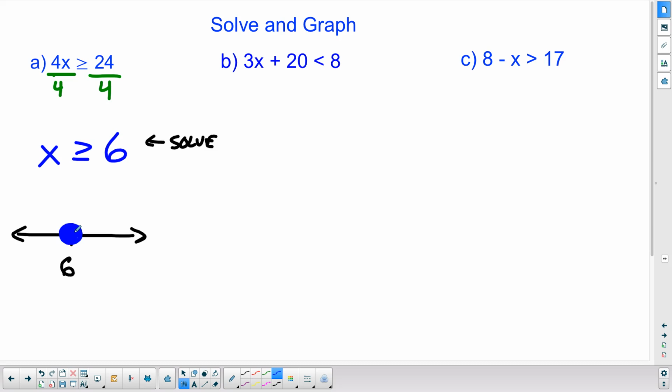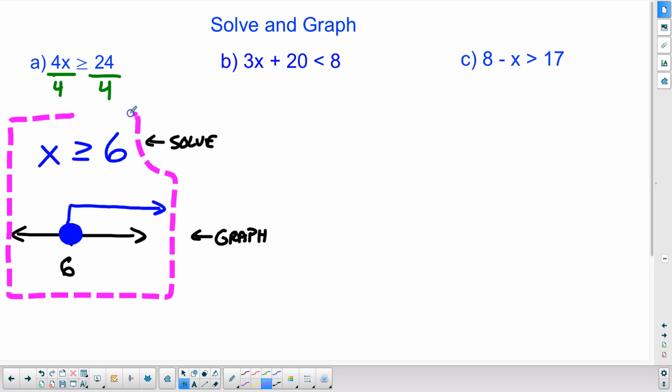On a number line, where are the bigger numbers? Right. To the right. Smaller numbers left, bigger numbers right. So I want numbers bigger than 6, so my graph is going to go to the right. Okay? And that is the graph part. Both are required in this problem because it said solve and graph. So I need to give both in my answer.